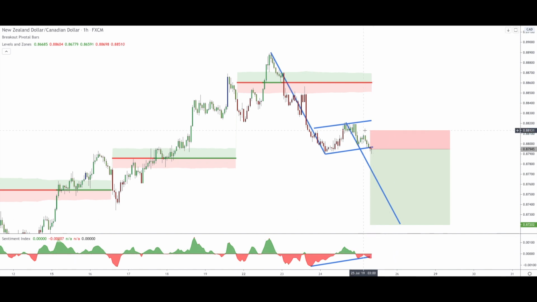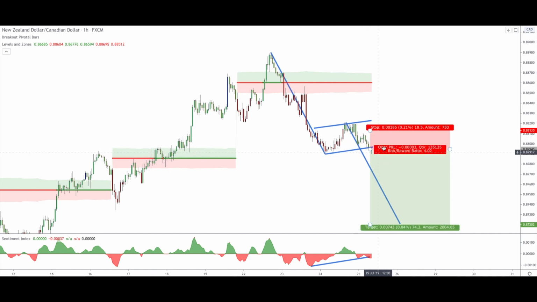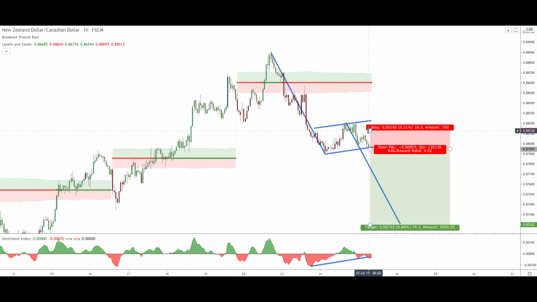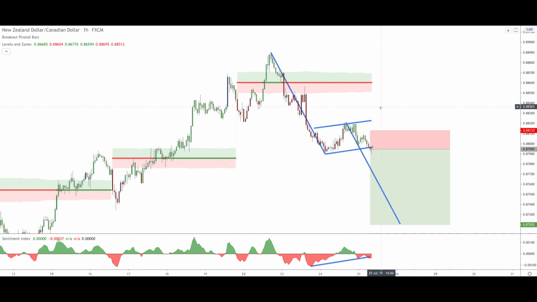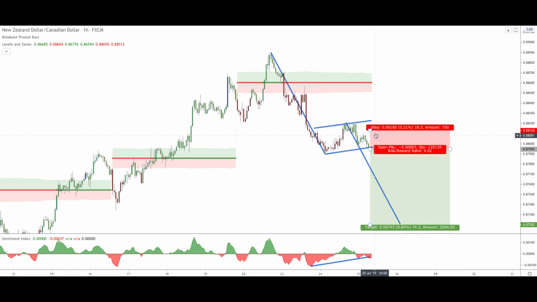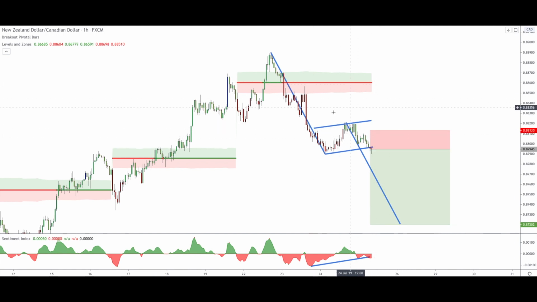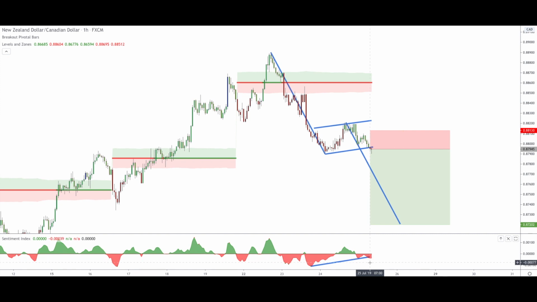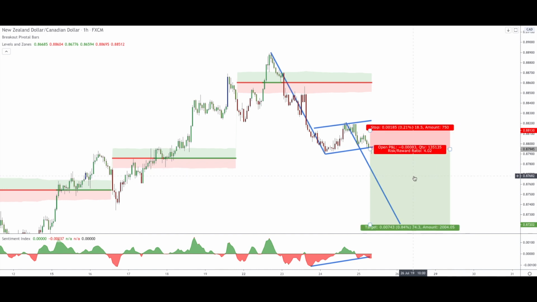In such case, the likely scenario is that we don't have a breakdown here, but we have a break up, and in such case I will not take the trade because it will mean that it's a trend reversal. So I got an impulse here, a consolidation, and then another impulse to the upside, which is really unlikely. So what I'm looking for here is a breakdown, and we got it. A breakdown in the sentiment as well, and we got it. So we can place the order as I did.